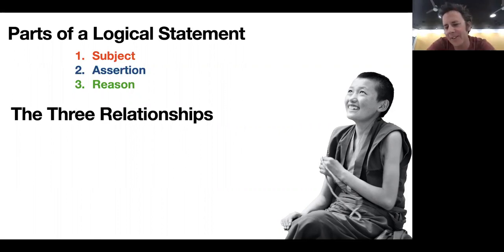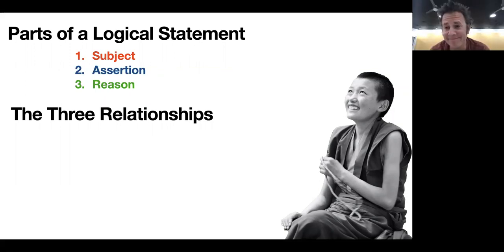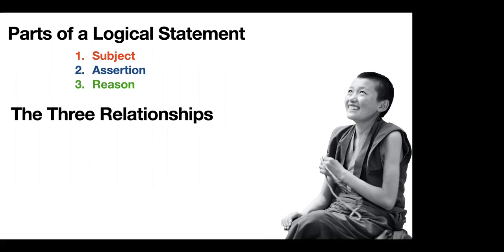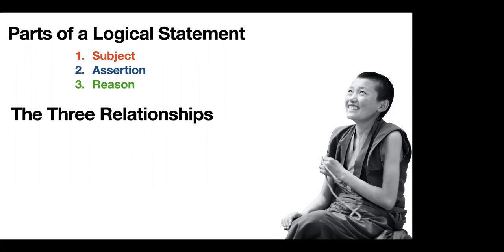So in the case of the syllogism that we just stated, I'll state it for you again if you want. Extra credit if I don't state it again. The subject is ducks. Ducks are blue because they're fast.